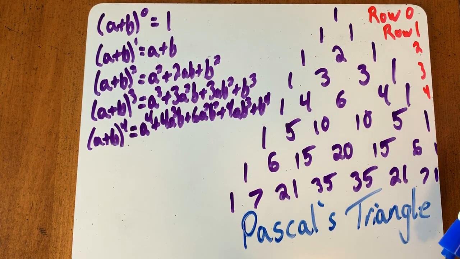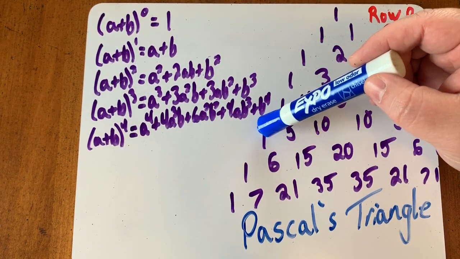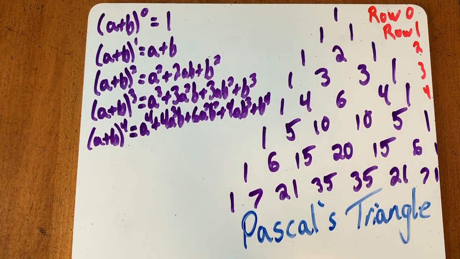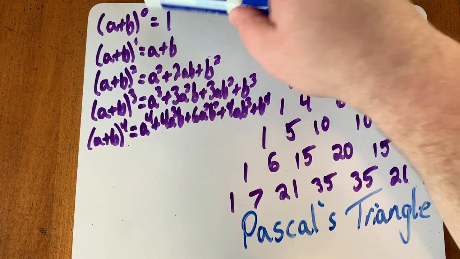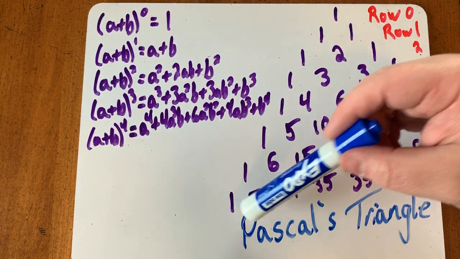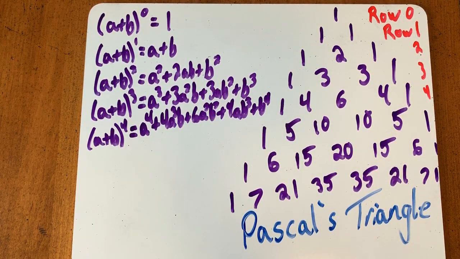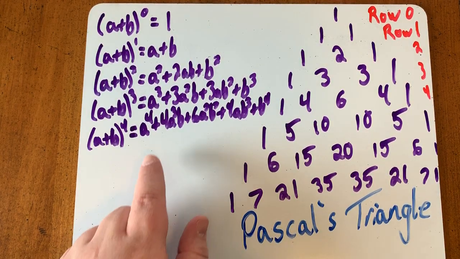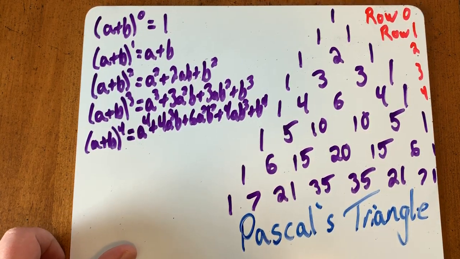That can help you find out the coefficients of a power of a binomial. Whatever power is on the binomial, you look at that row, starting with row 0. And then these will give you the coefficients. But that doesn't give you everything about the polynomial. No, because there's still the a's and b's in there.